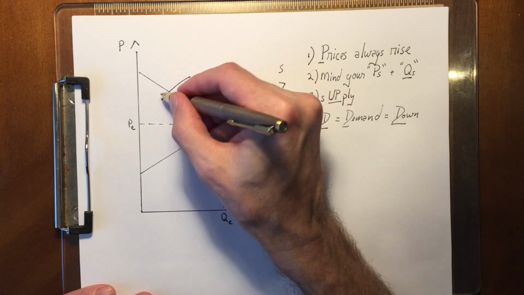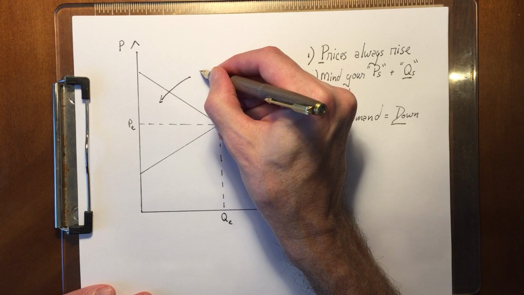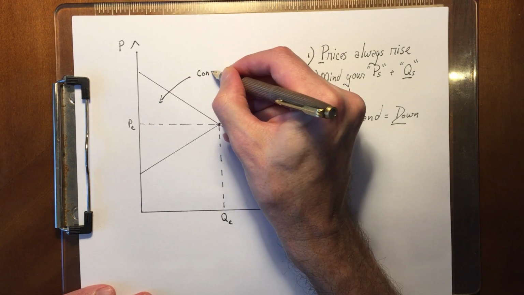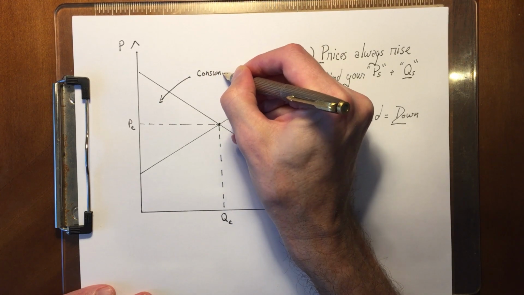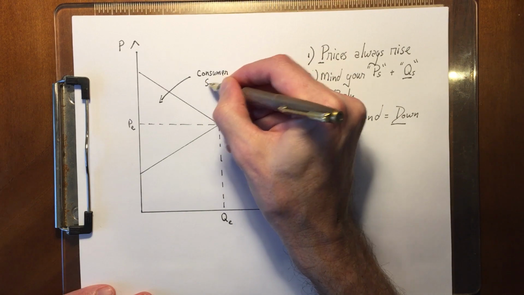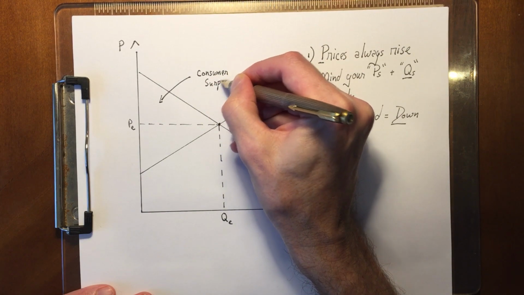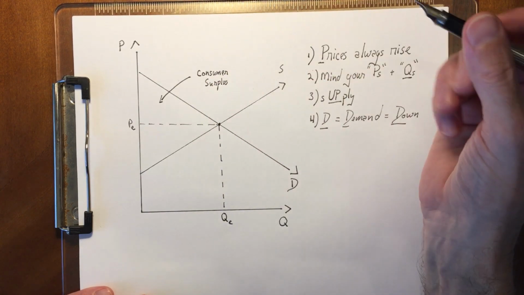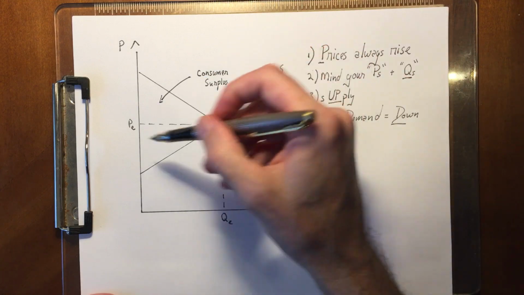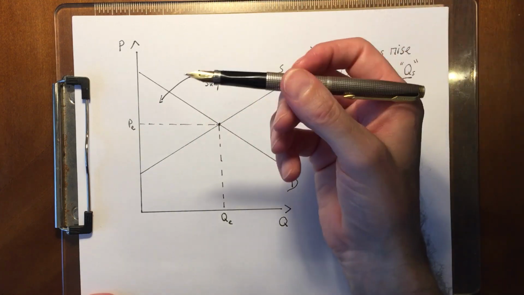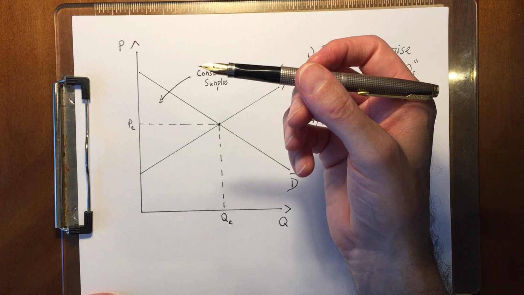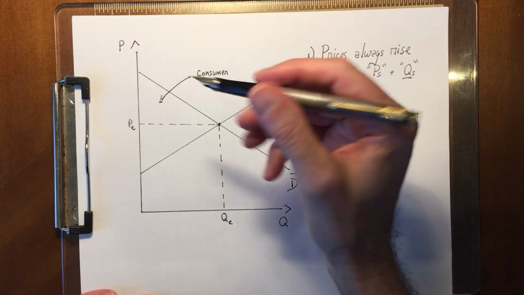Let's spend just a moment talking about consumer's surplus. Now let's say that this is an equilibrium graph for coconuts.